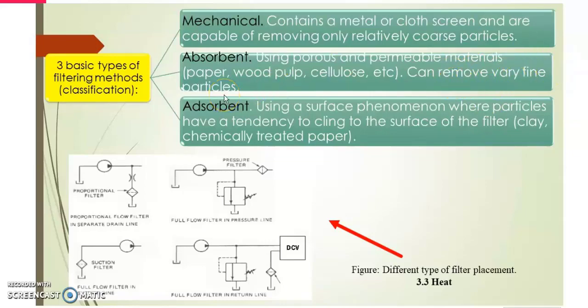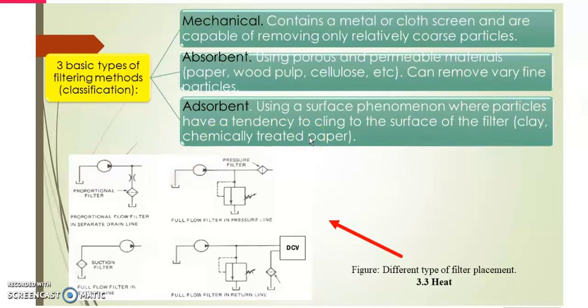Absorption is a surface phenomenon where the particles have a tendency to cling to the surface of the filter. Thus, the capacity of the filter depends on the amount of surface area available. Absorbent materials used include activated clay and also chemically treated paper.